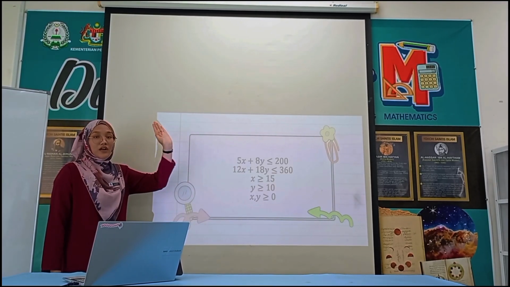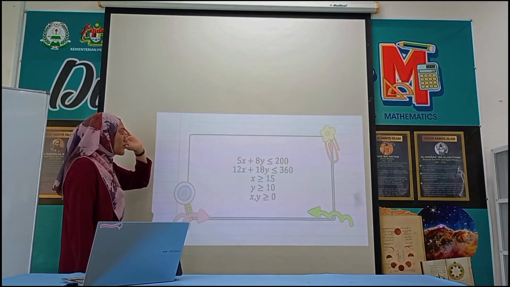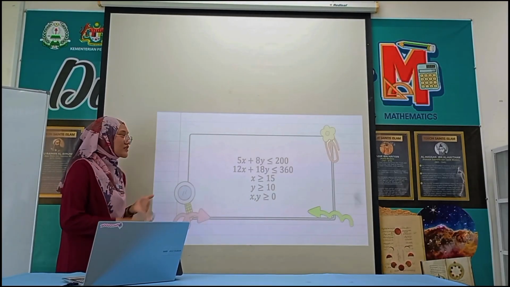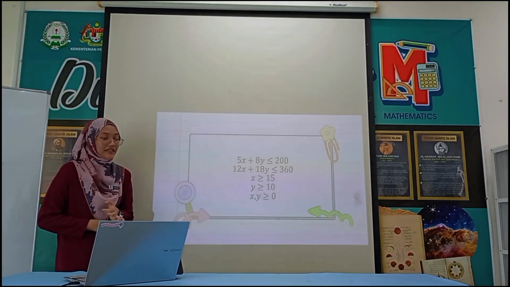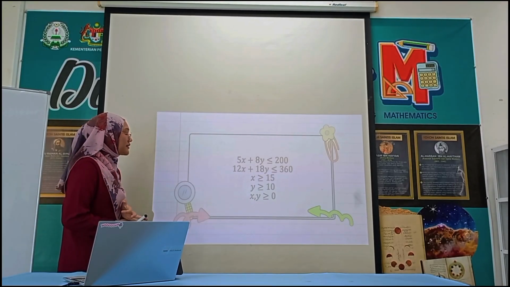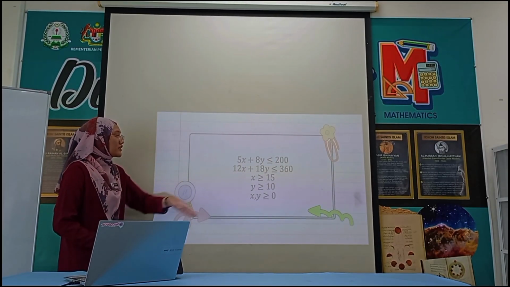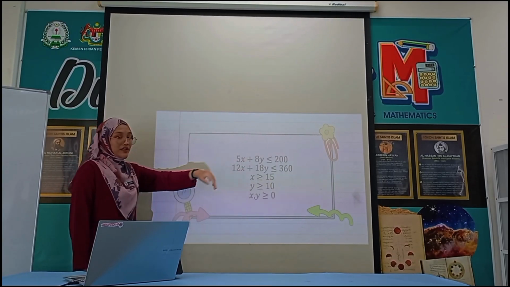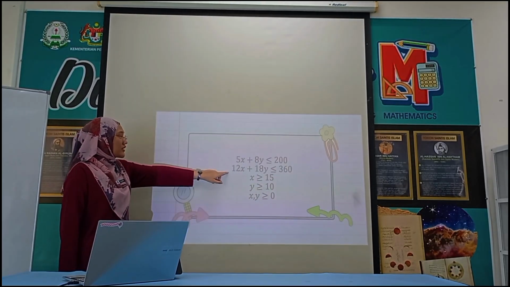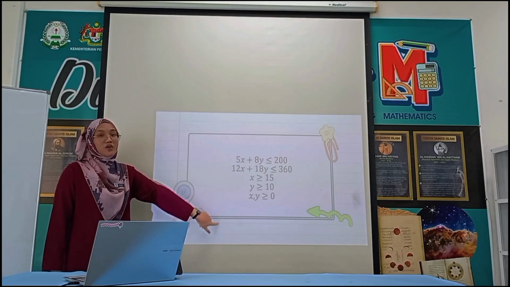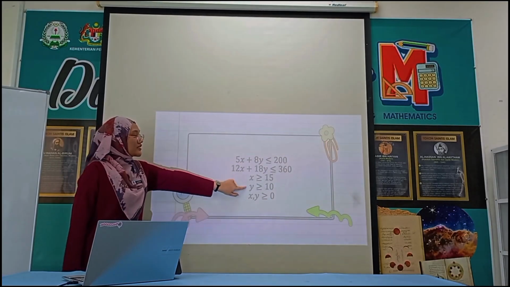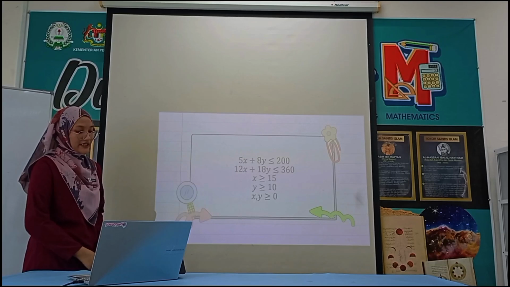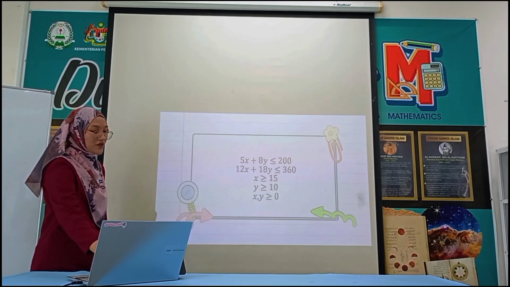As before, we have the budget constraint, the time constraint, and the minimum demand constraint. This is the budget or capital constraint, this is the time constraint, and these two are the minimum demand constraints.